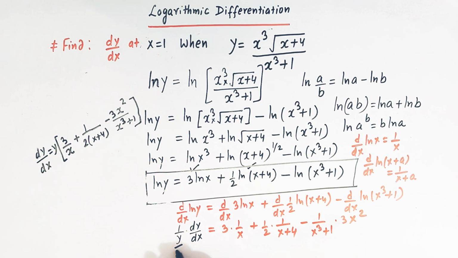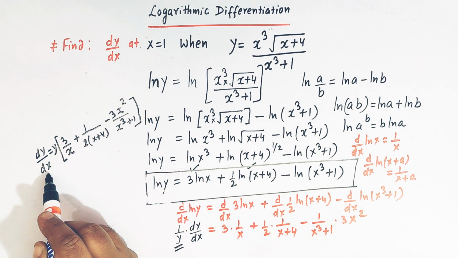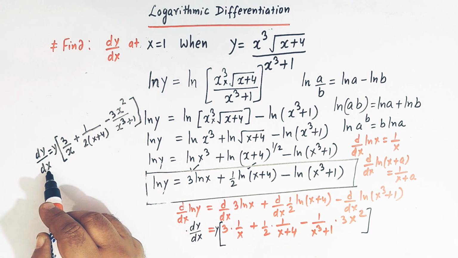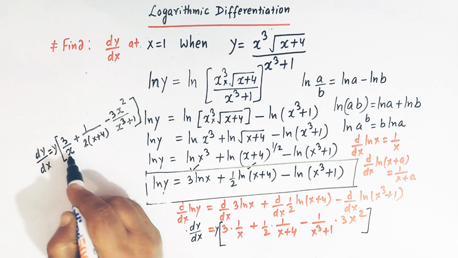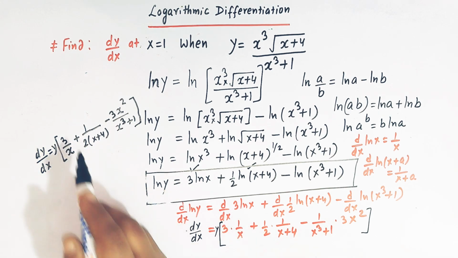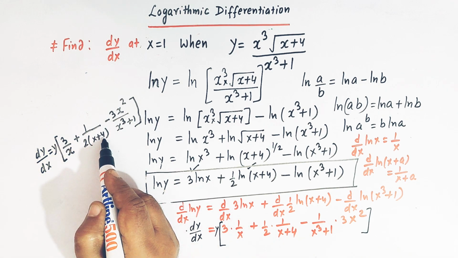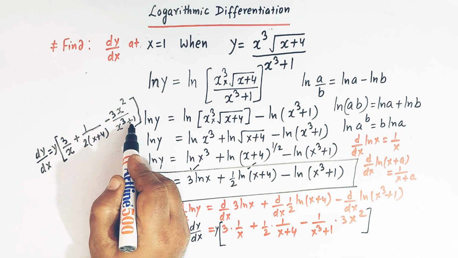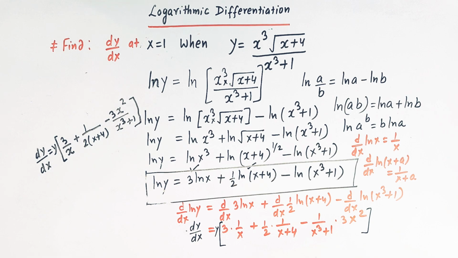So now taking this y to this side, we have dy over dx is equal to this term multiplied with this y here, and we have dy over dx is equal to y times 3 over x plus 1 over 2 times x plus 4 minus 3x square over x cube plus 1.